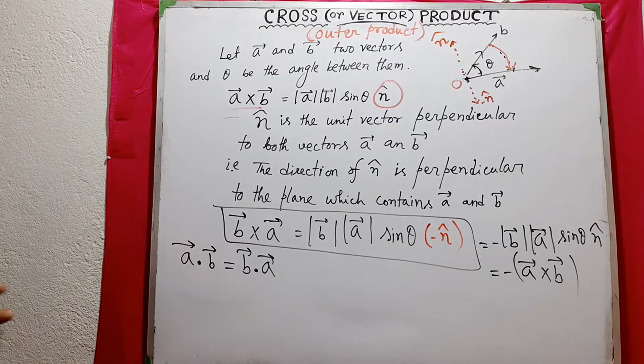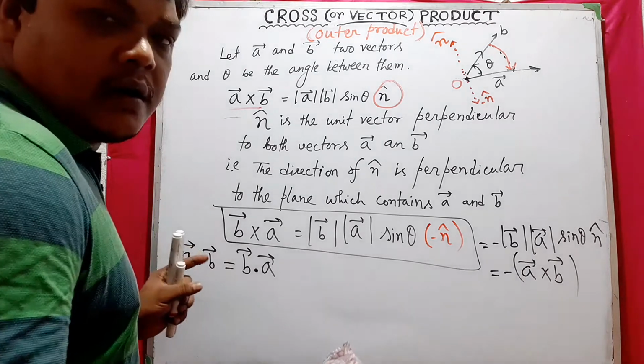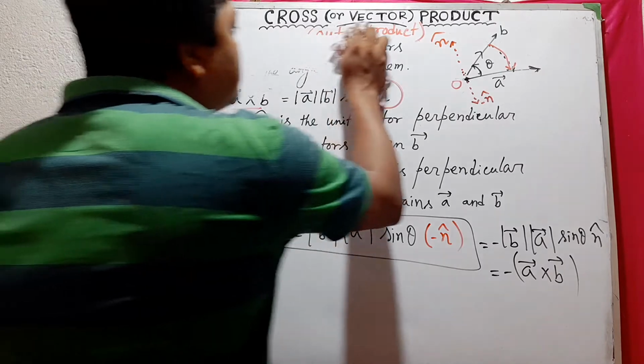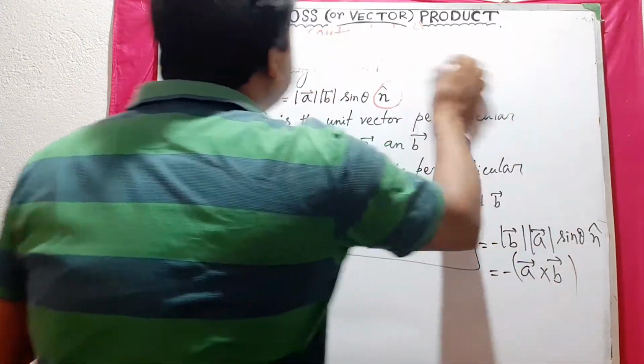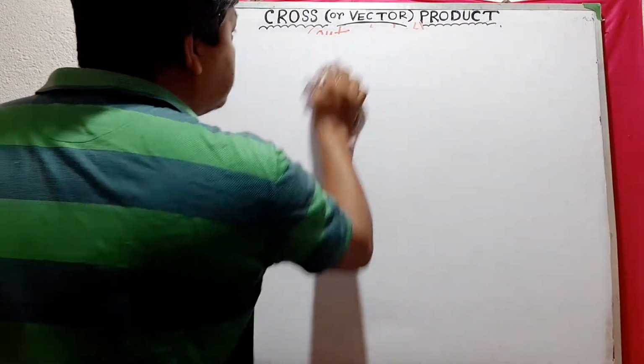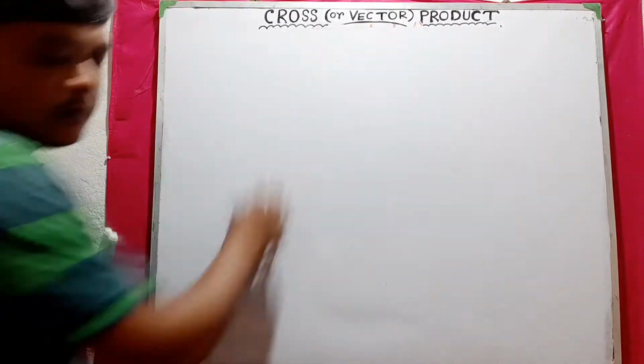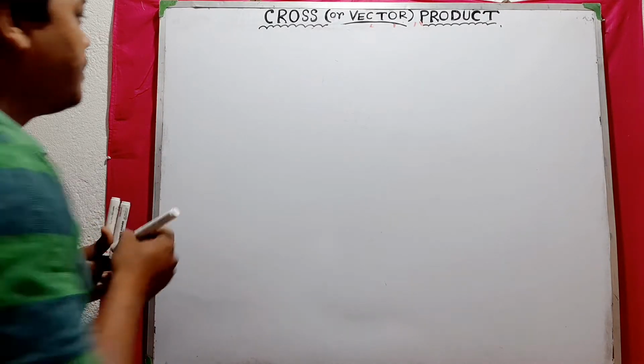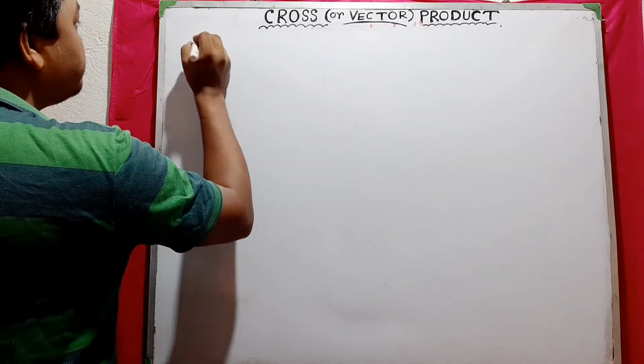তাহলে properties of cross product আমরা টুকটুক করে লিখে ফেলবো। আমি ইরেজ করে দিই এই পার্টটা। Okay, properties of cross product.